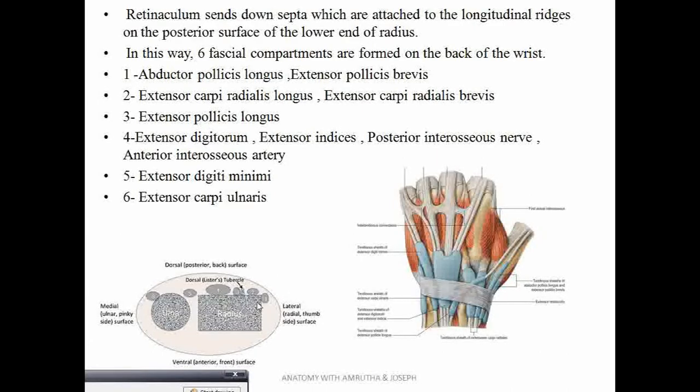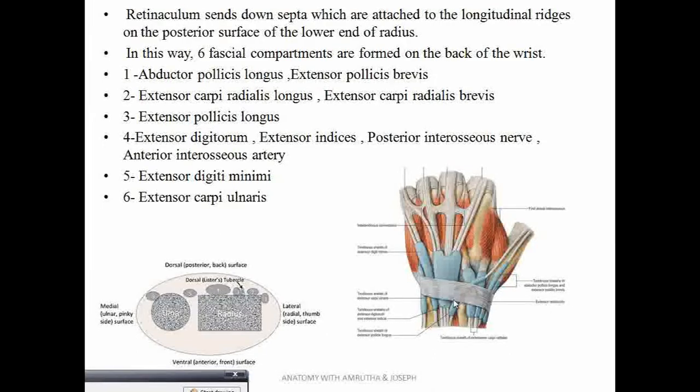The first compartment, which is the lateral most part, contains 2 muscles: abductor pollicis longus, extensor pollicis brevis. So first compartment is somewhere here and the last compartment is on this side. The second compartment consists of extensor carpi radialis longus, extensor carpi radialis brevis.